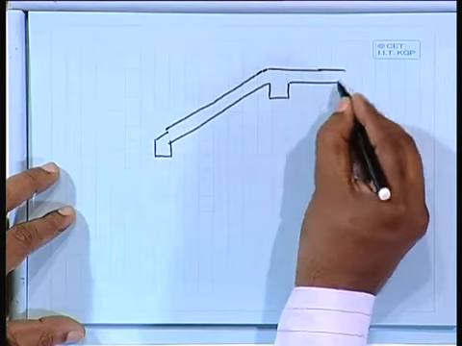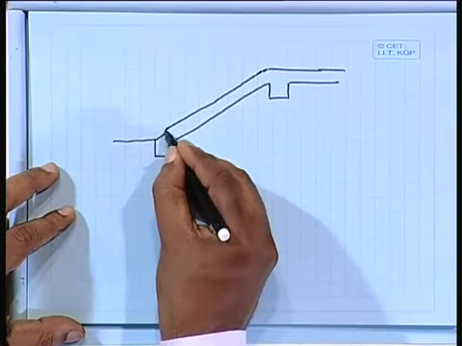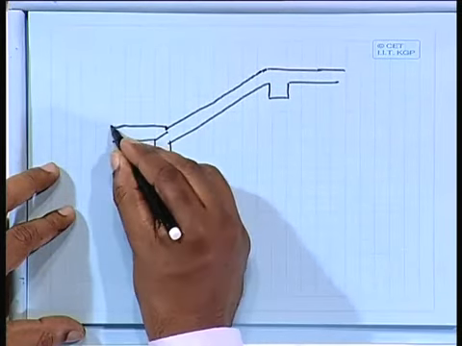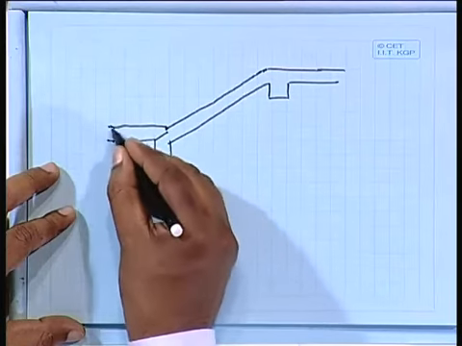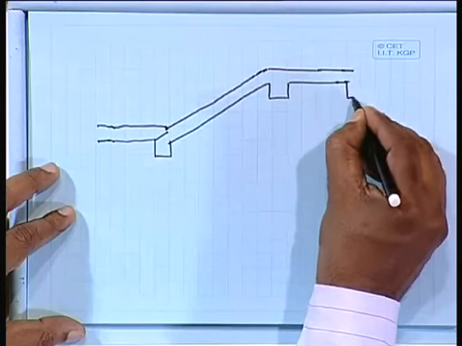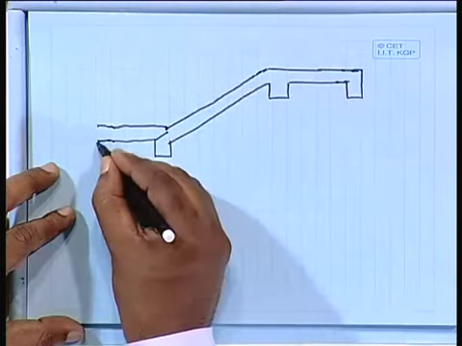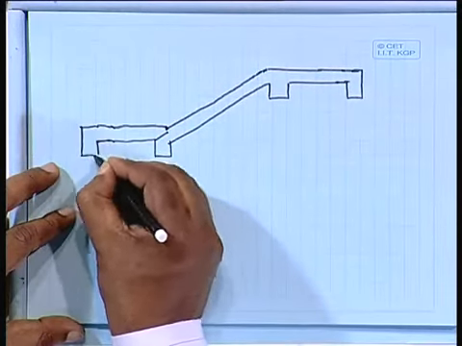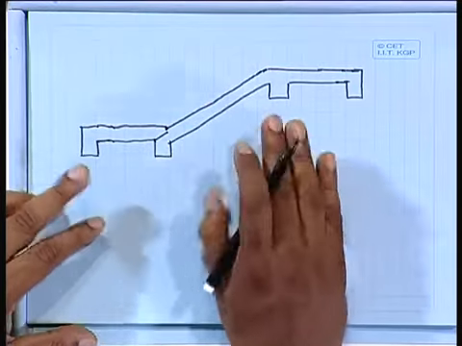Either it may be a cantilever, the case which I have shown here, or it may be supported. That means it may have something like this also. So in this case, this is your one type.